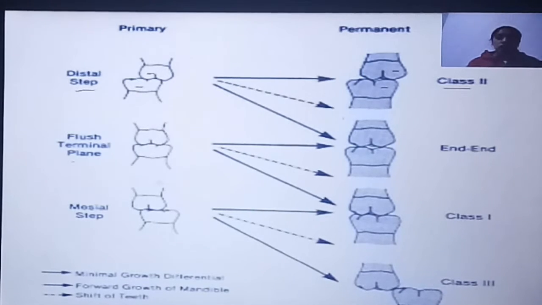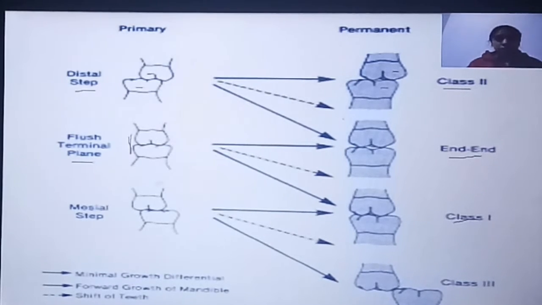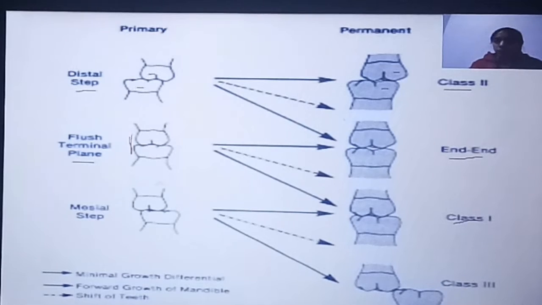Now coming on to flush terminal plane. Flush terminal plane was that the distal slopes of the upper and lower molars are at the same level. This can either change to end on end or it can change to class 1. Whenever the permanent teeth erupt, there is growth of the mandible.